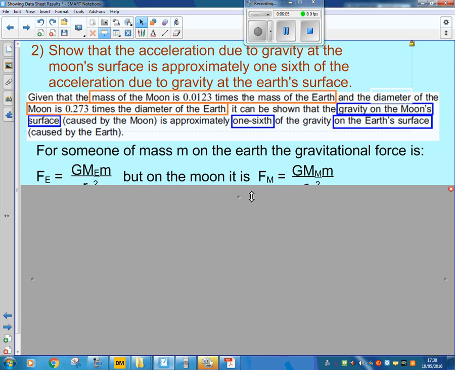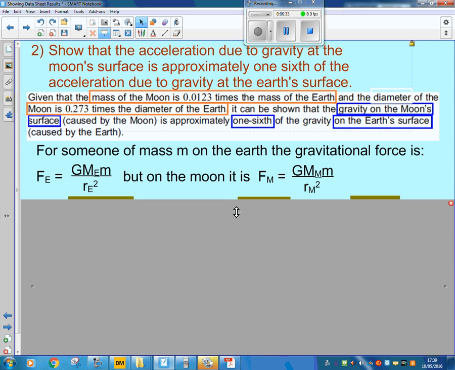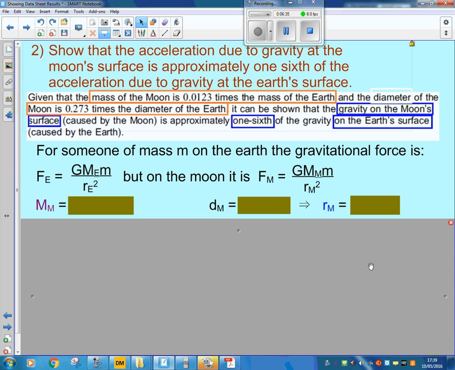So for someone of mass m on the Earth, the gravitational force is G M_E m over R_E squared, but on the Moon, notice the force now, F_M, instead of having the mass of the Earth, it's become the mass of the Moon, suffix M. And instead of the radius of the Earth, I've got the radius of the Moon. Little m stayed the same because I'm assuming the person on the Earth is the same mass as the person who's on the Moon.